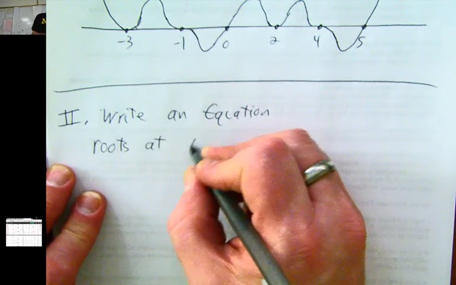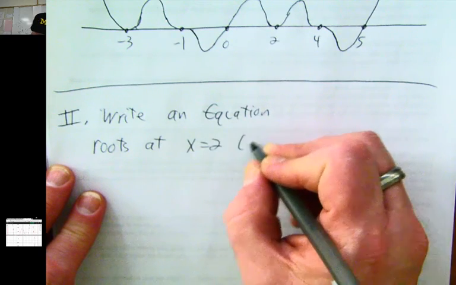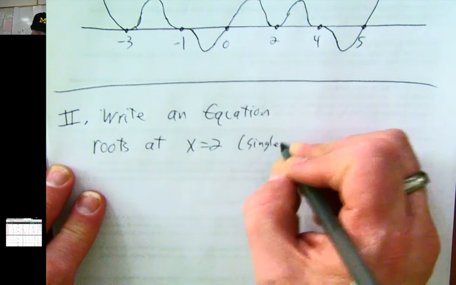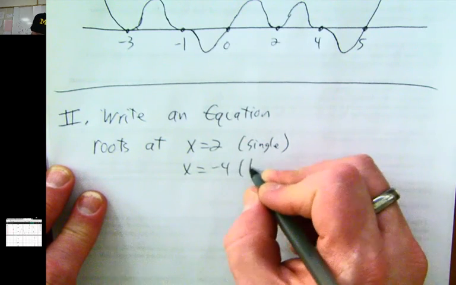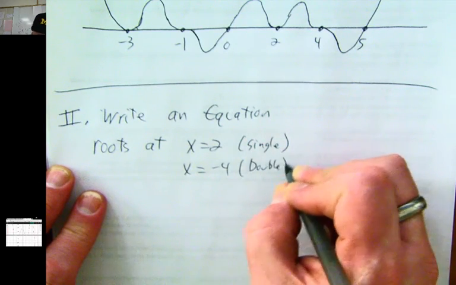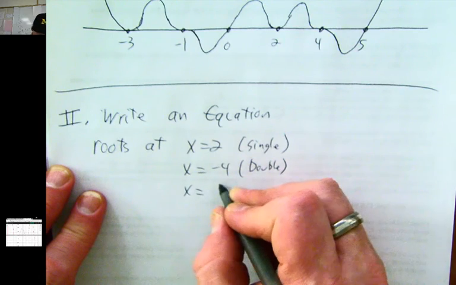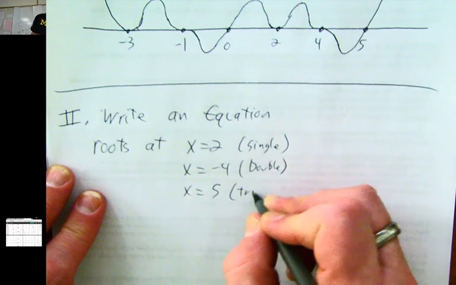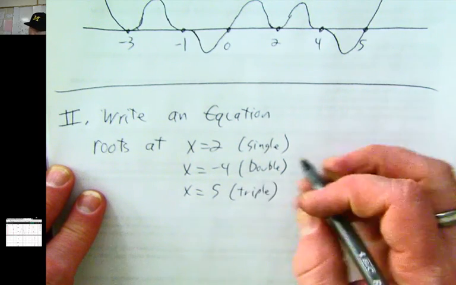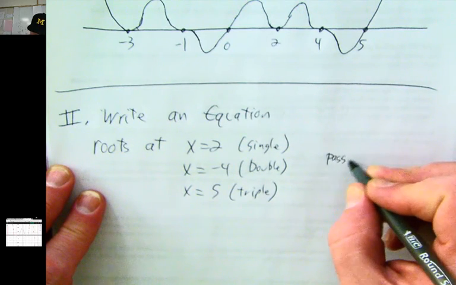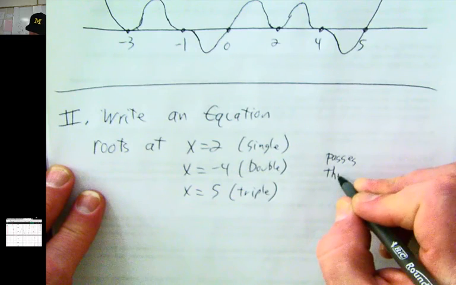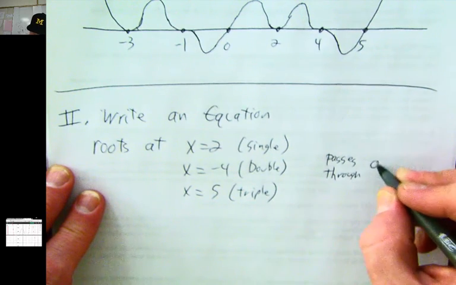I have a root at x equals 2, but they also let me know that it's a single 0. I have one at -4. They let me know that that one is a double. And I have one at 5, and they let me know that that one is a triple. And then it passes through the point 0, -36.